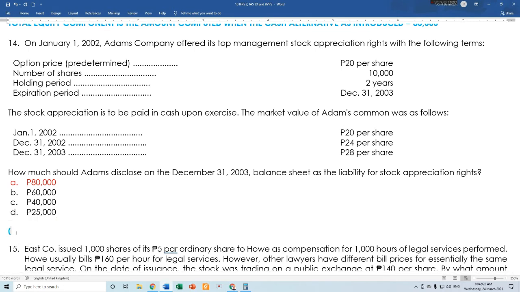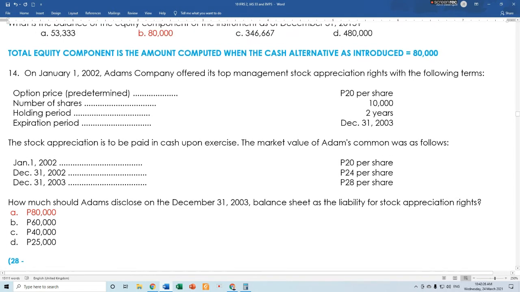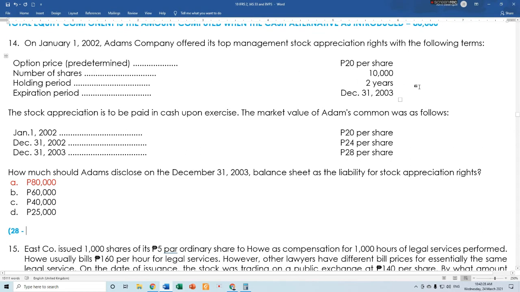That's going to be, parang intrinsic value din to. 28 na yung value niya. Minus. Previous, magkano yung amount niya? 20. Diba? Yun daw yung exercise price eh. Okay? Tapos, multiply natin ng ilang shares? 10,000 shares. That's going to be 8 times 10,000, 80,000. So, yun na yung sagot.